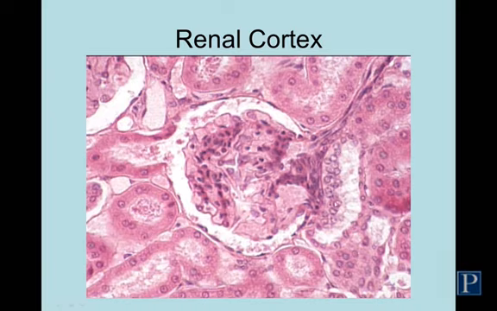For this reason, this structure is called the macula densa. So the macula densa is a portion of the epithelium of the distal convoluted tubule that is taller and makes a close association with the afferent arteriole that feeds into the glomerulus here.